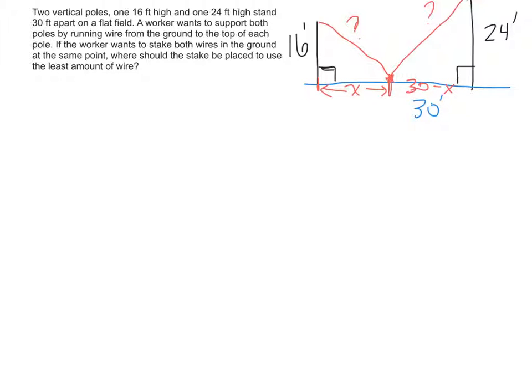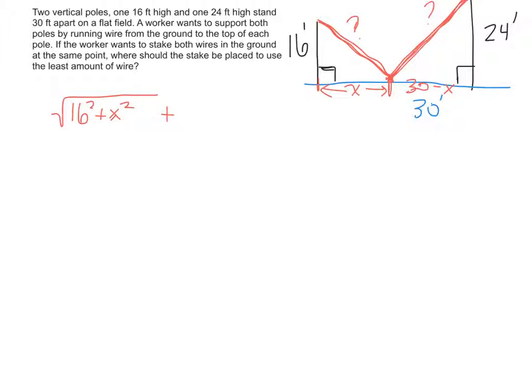So my one hypotenuse here is going to be, a squared plus b squared equals c squared. This hypotenuse on the left is going to be the square root of 16 squared plus x squared, plus, because I'm trying to minimize this distance too, the sum of those, because I want to have the least amount of wire used.